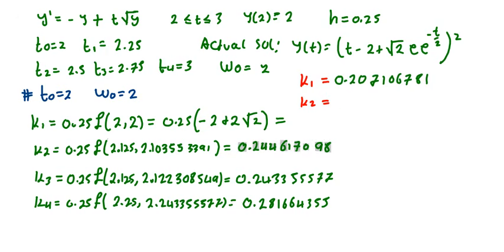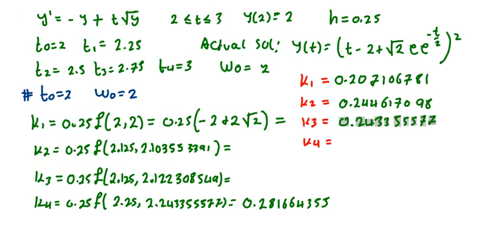Then our K2 is equals to, I'll place it there. Then K3 is equals to, then I'll say K4 is also equals to, so this one we place it right here. Then K4 we place it right here.